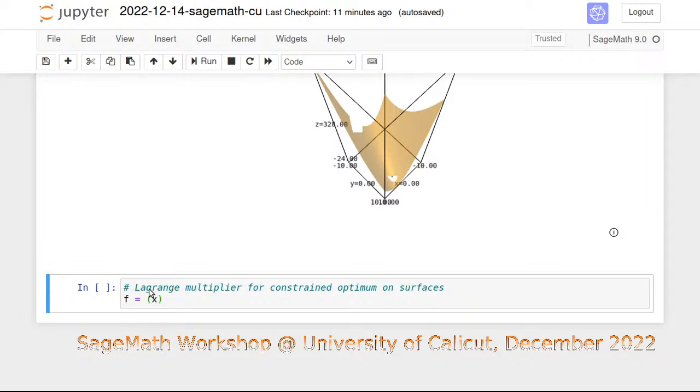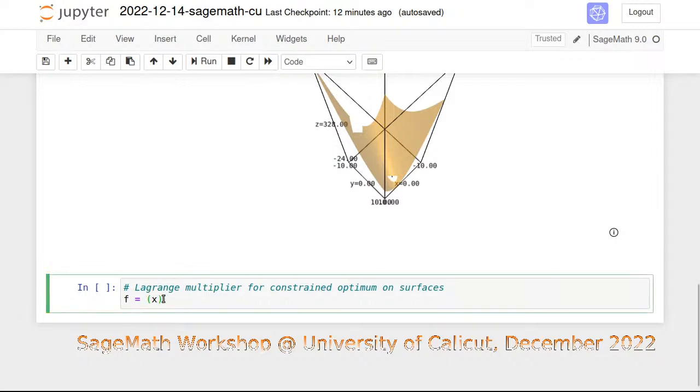This constraint actually connects the original function and the point which we are trying to locate. So essentially, we are restricting our focus to a subset of R3, and inside that subset we want to find out a maximum or minimum. That's what we are trying to do.